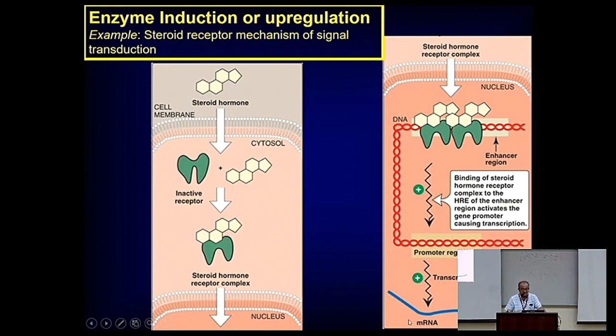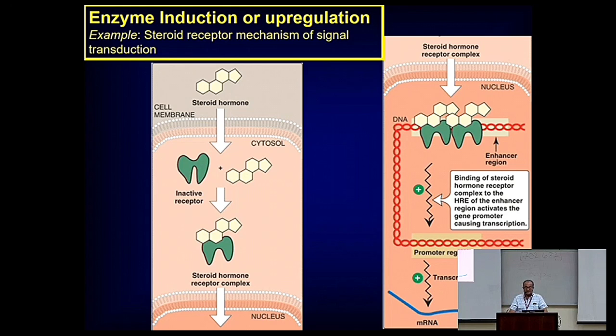Increased transcription means more messenger RNA is made. If you have more messenger RNA, you're going to translate that messenger RNA into more protein. So steroid hormones, cortisol in particular, that's how it exerts its effect. It's going to upregulate certain genes, upregulate certain enzymes, increase the amount of certain enzymes.